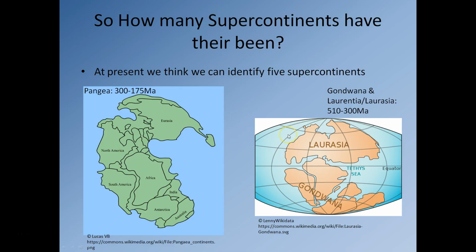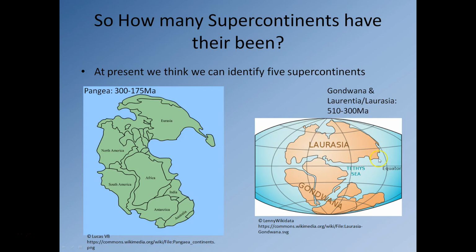So what are the supercontinents that we know existed? Once we start looking back through the rock record, how many supercontinents do we find? Well, we can identify 5 of them. The one you're probably most familiar with is Pangaea. That went from 300 to 175 million years ago. Then we have the 2 supercontinents that went to form Pangaea. Those were Laurasia, that was North America, Europe and Asia.